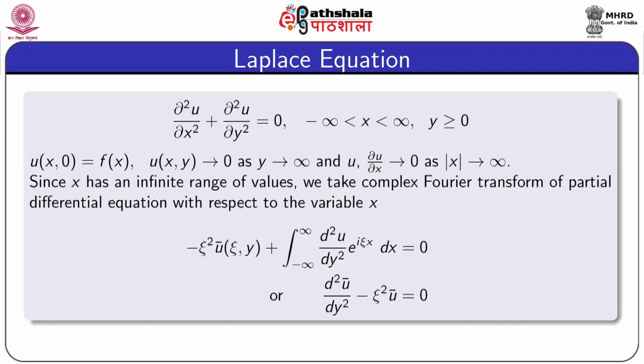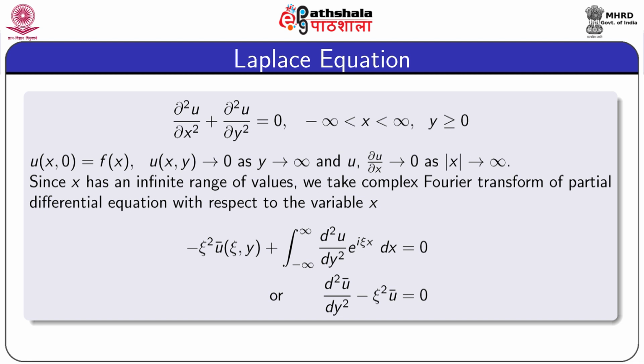First we shall start with Laplace equation. The Laplace equation in Cartesian coordinate system is given by del 2u by del x square plus del 2u by del y square equals to 0. Here we have considered infinite range for x, and y is greater than or equal to 0.